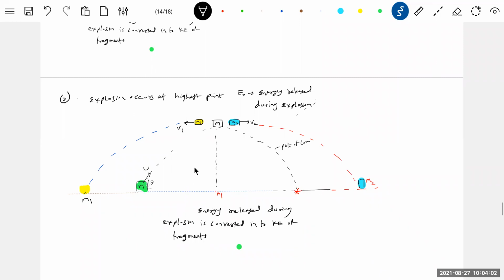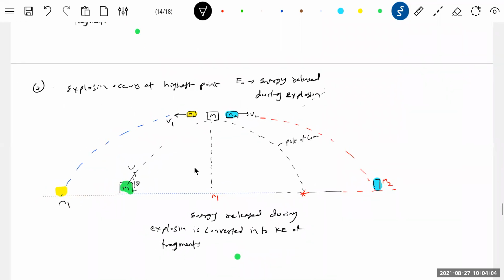Apply conservation of momentum again. It will explode here. So conservation of momentum: M1 u cos theta equals M2 V2 minus M1 V1. Then half M (u cos theta) whole square plus E naught.